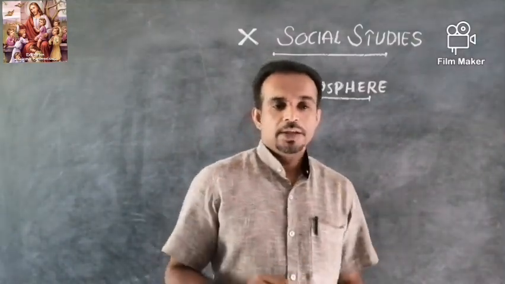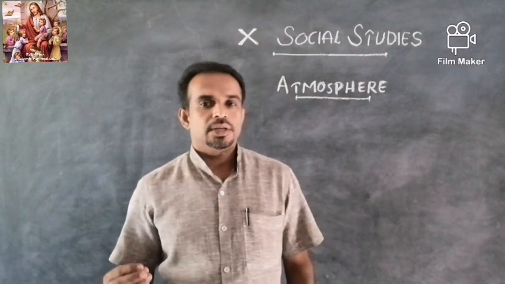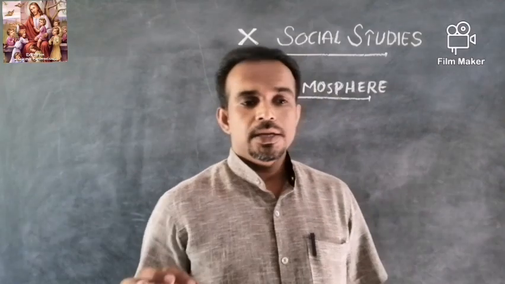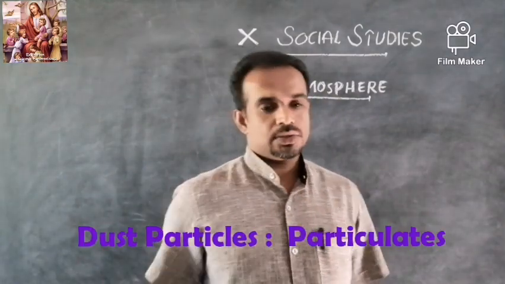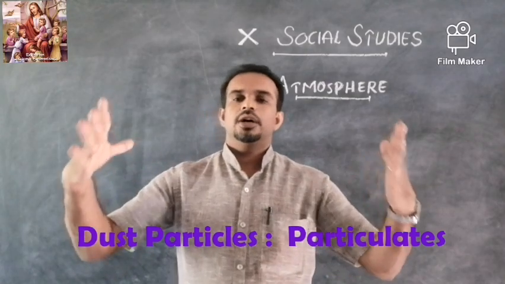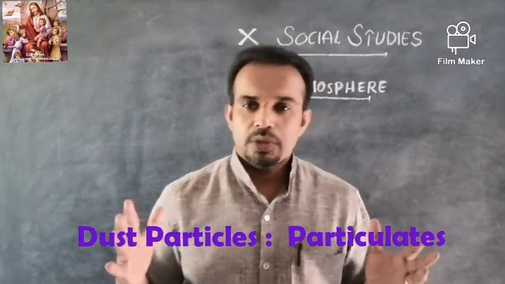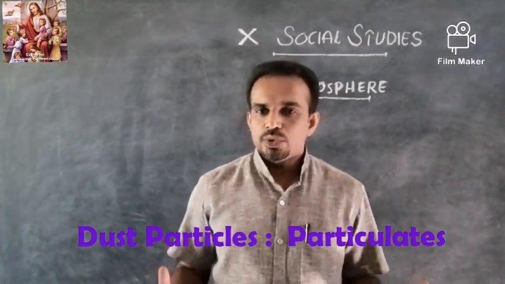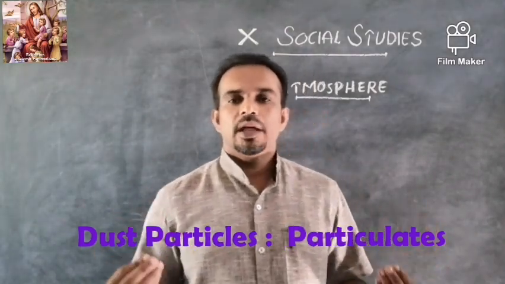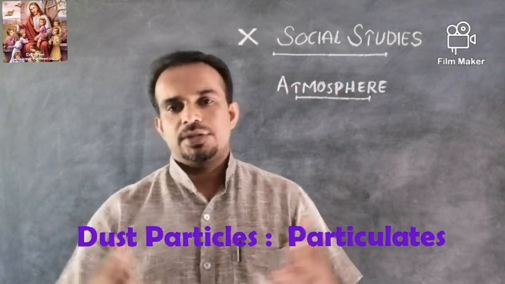That's important. Then another important part of the atmosphere is fine dust particles. The dust particles are contributed to the atmosphere through natural processes, sand dunes and sandstorms, and also by human and animal interventions.